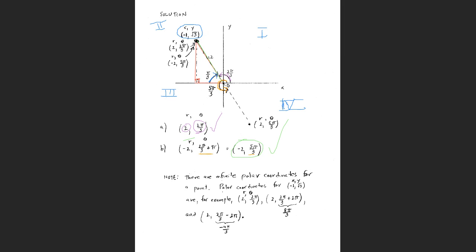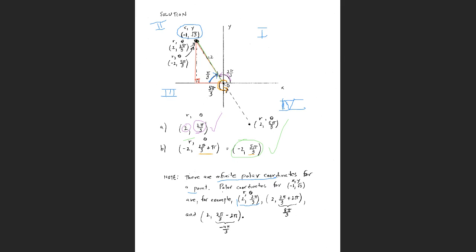I'll make another comment too, because we are short on time here. Note that there are an infinite number of polar coordinates for a point. For instance, 2 and 2 pi over 3 is a polar coordinate.